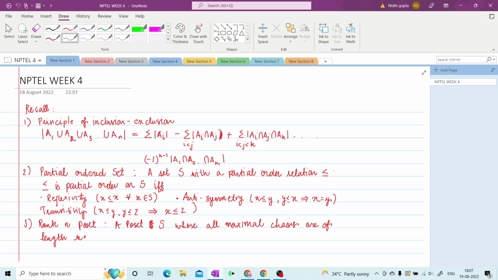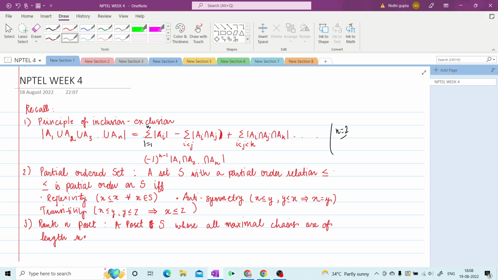If you have n sets which need not be disjoint, the order of the union of n sets is given by this. You take alternating sums and keep increasing the number of indices.